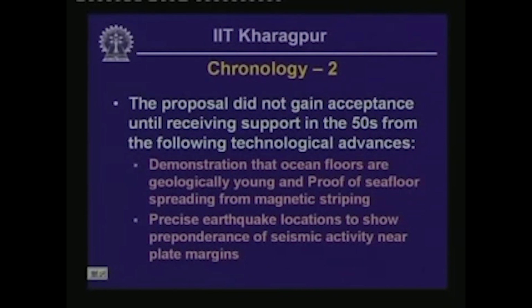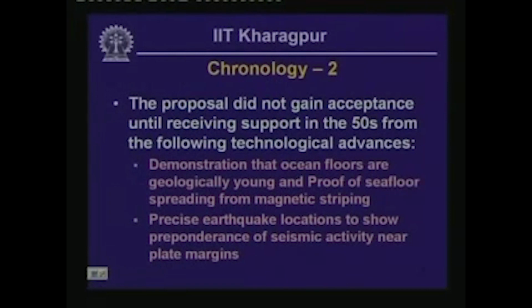Although there was enough circumstantial evidence, as we have seen already, and Wegener tried to justify his proposal based on it, such as the existence of coal deposits in Antarctica, plus the presence of several different animal species in land masses that are separated by vast expanses of oceans at the present time.